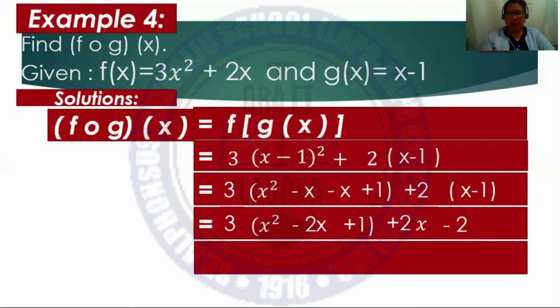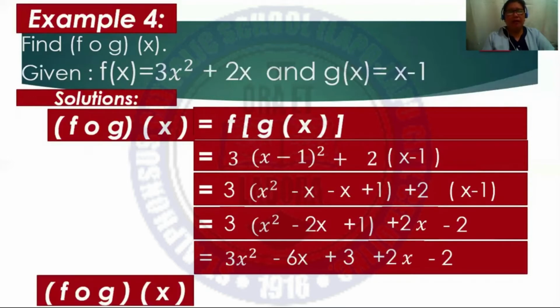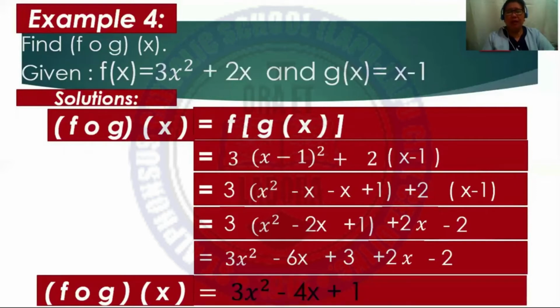Then, simplify further, we distribute 3 to x squared, 3x squared, 3 times negative 2x, negative 6x, 3 times 1 is positive 3, plus 2x, minus 2. Combine like terms, then f circle g of x is equal to 3x squared minus 4x plus 1.